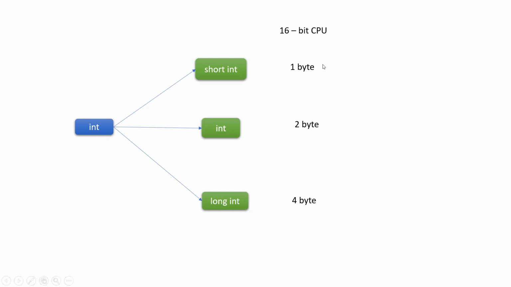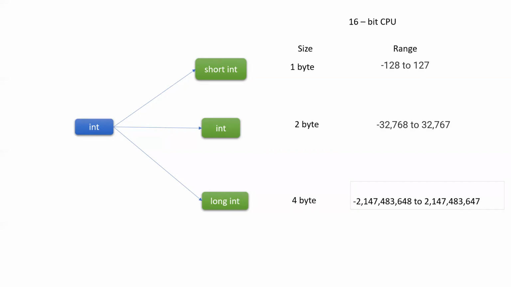So the number of bytes that we allocate to this integer data type depends on the computer that you are using. Based on the 16-bit CPU, here short int will take 1 byte. So the range will be minus 128 to 127 for signed integers.